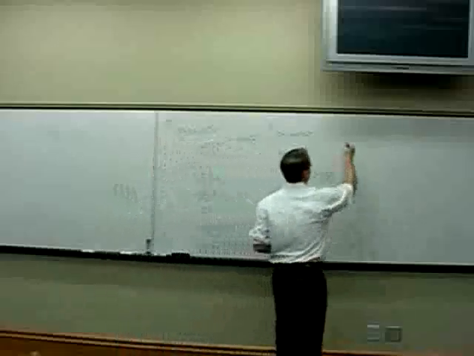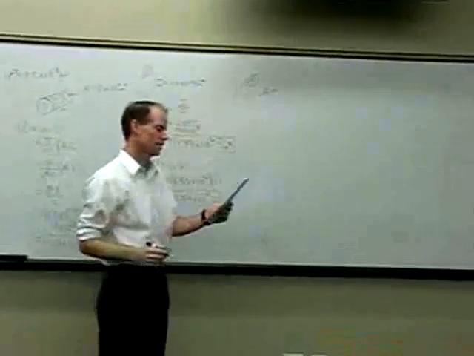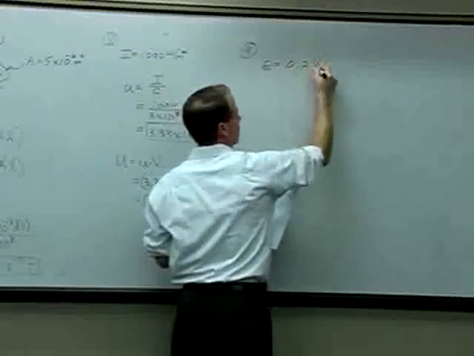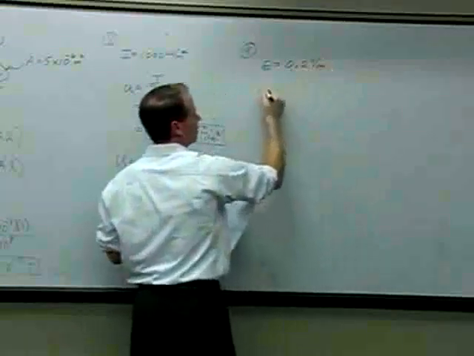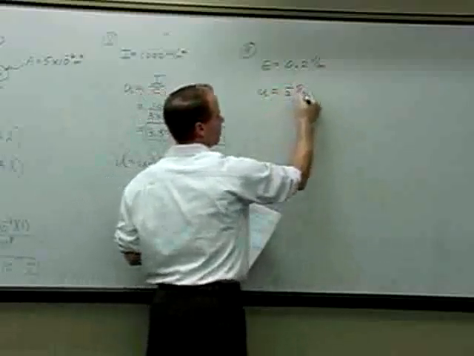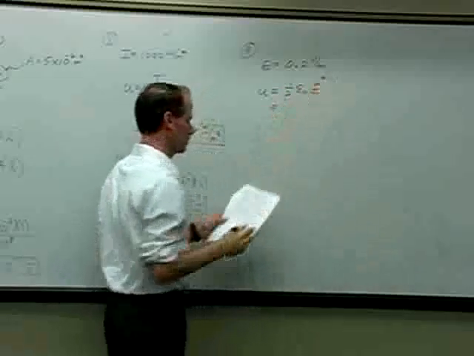Problem number 9. At a distance of 10 kilometers from a radio transmitter, the amplitude of the E field is 0.2 volts per meter. What is the total power emitted by the radio transmitter? All right, so we have the amplitude of the E field given as 0.2 volts per meter, and the energy density is by definition 1/2 permittivity of free space epsilon naught times the amplitude of the field squared.